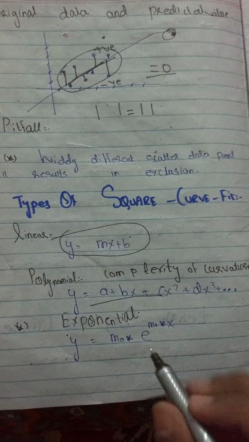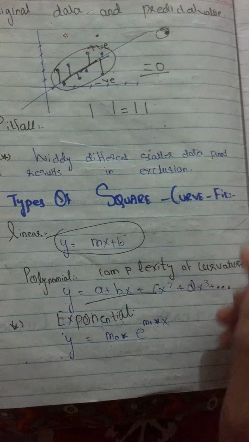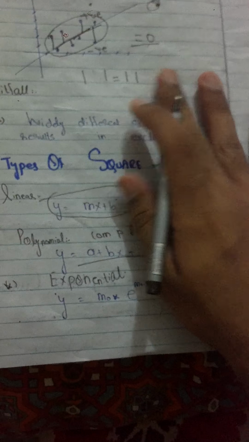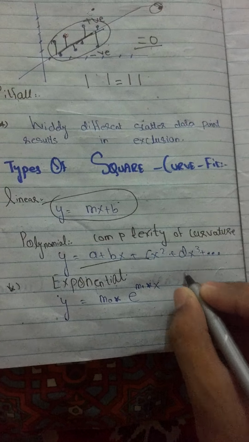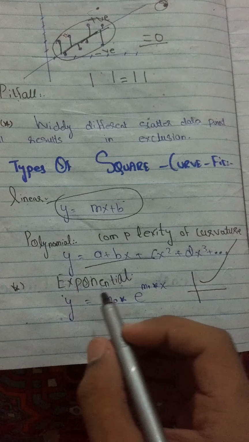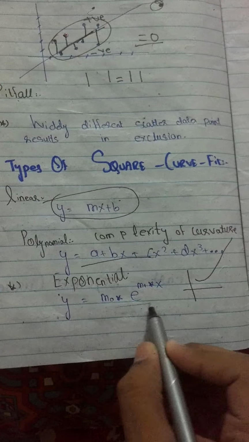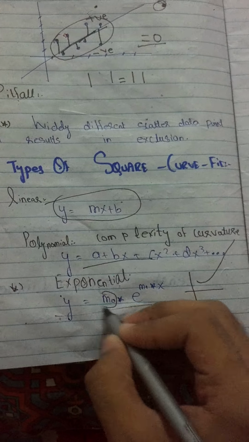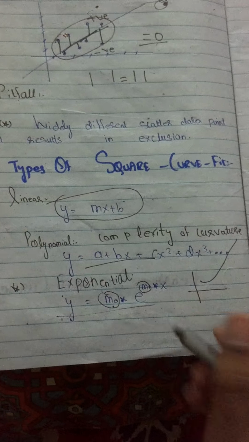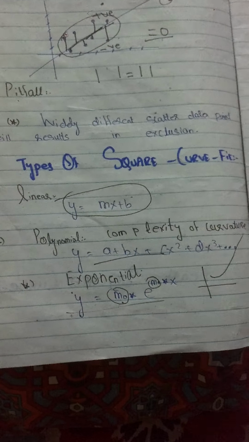If the line is exponential, something going like this, we'll be using this formula. M0 is considered the slope, and M1 is considered the y-intercept of the equation.